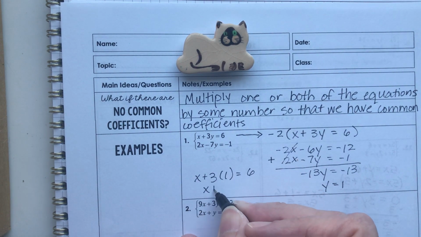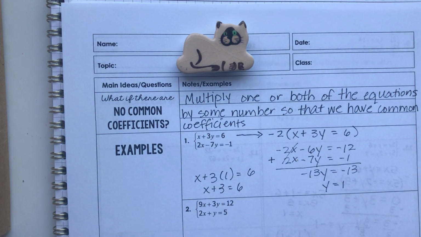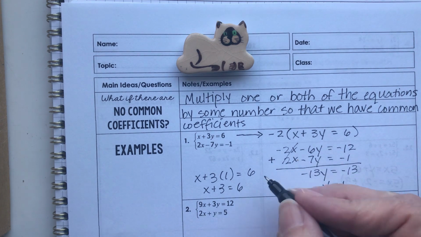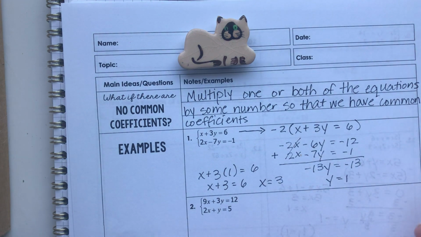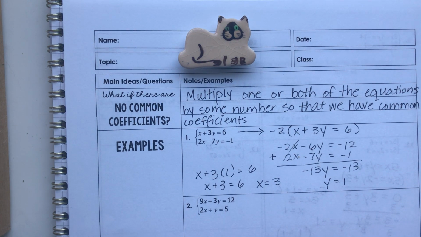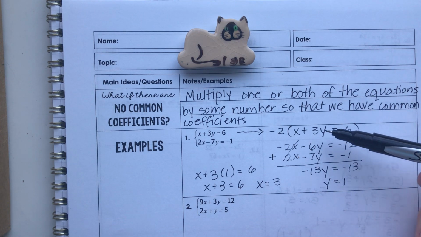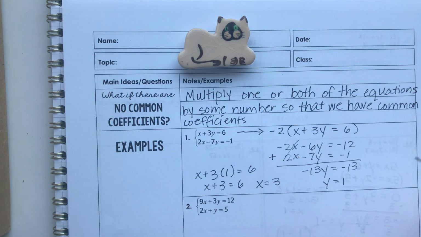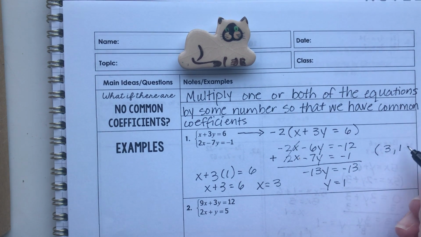That tells me that x plus 3 is equal to 6. So can you tell me what x is equal to? Yep, x is equal to 3. So that tells me that the coordinates of the intersection of these two linear equations here are x is equal to 3, y is equal to 1.